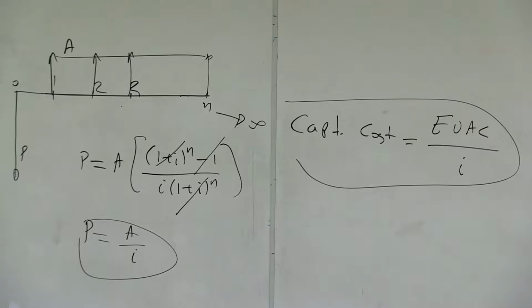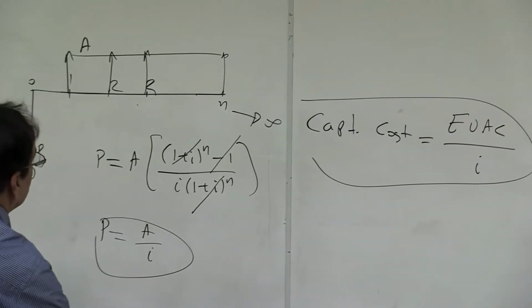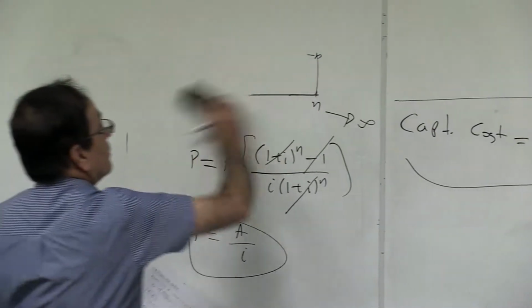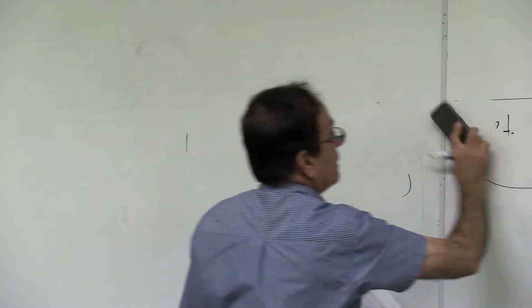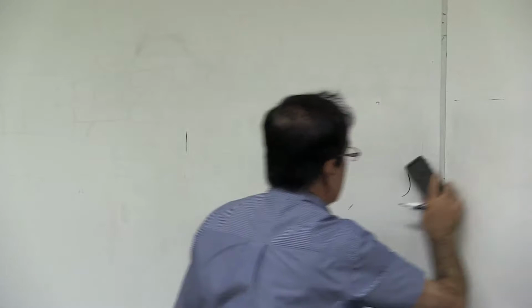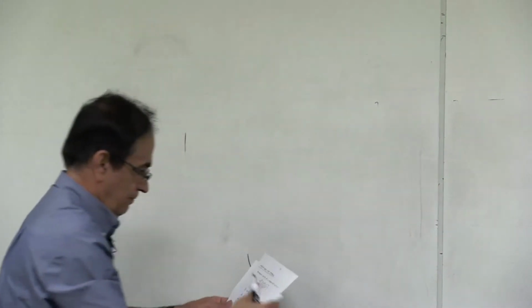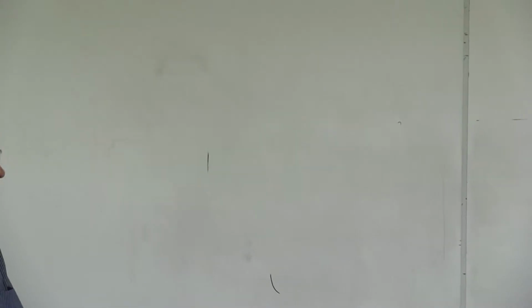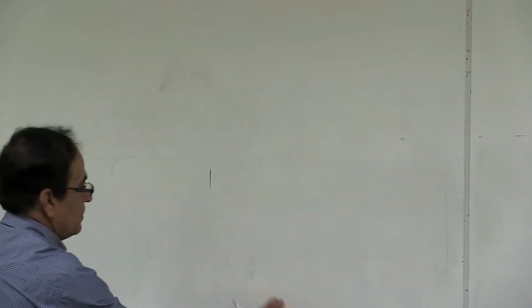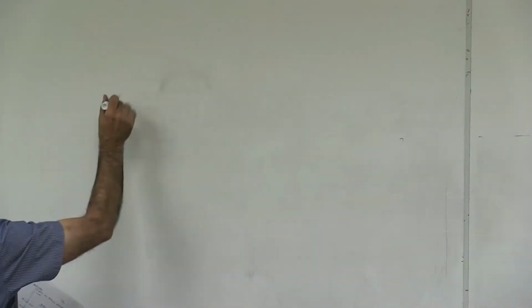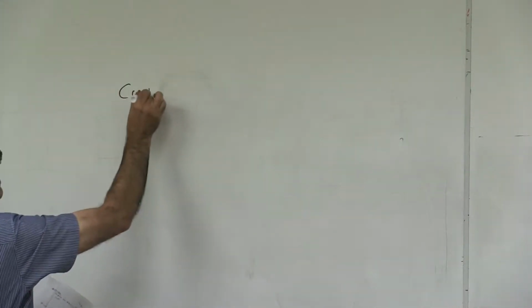To explain, I'm going to start with the first problem. We have two alternatives, alternative A and B. Alternative A has a life of 7 years, but alternative B has a life of infinity. In order to do this, first we're going to represent the cash flow diagram for each alternative.